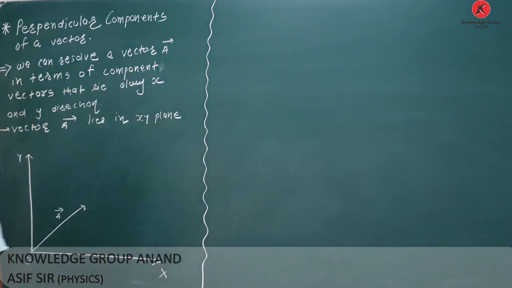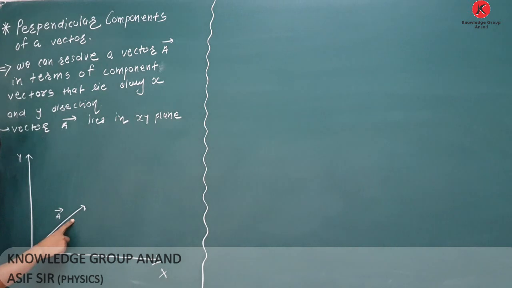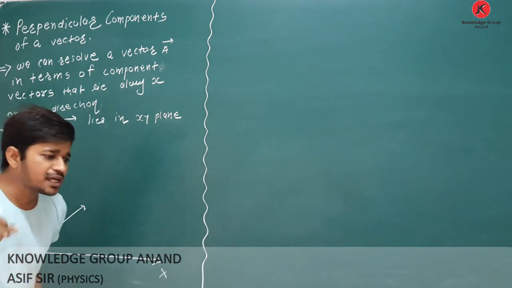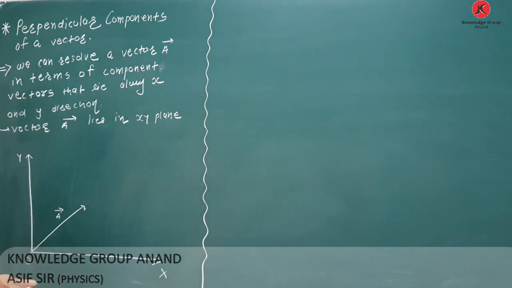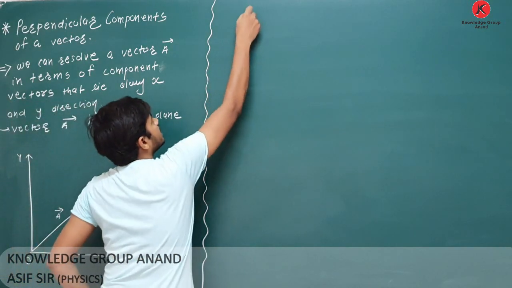Okay. See figure. Vector A lies in xy plane. X, y. And it is vector A. Clear about this? Now we will resolve this vector A into components. One component in x direction and one component in y direction. See how to resolve any vector in two components. Here I draw one figure, another figure.